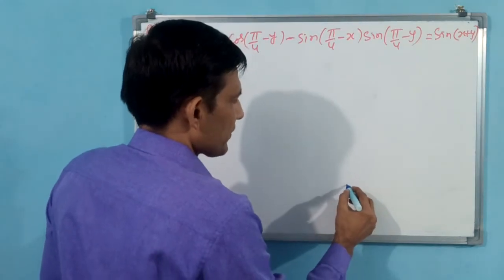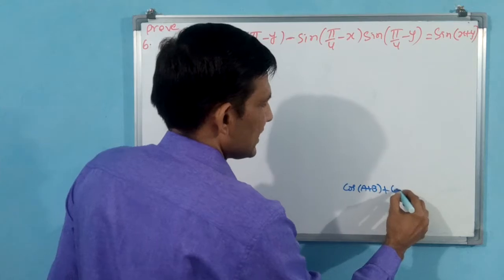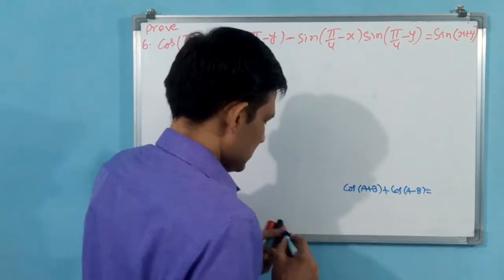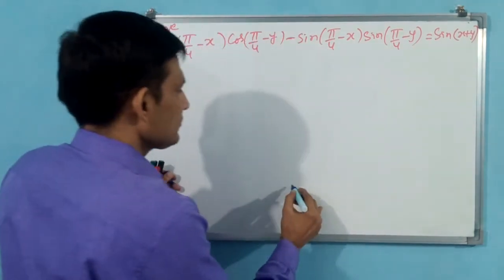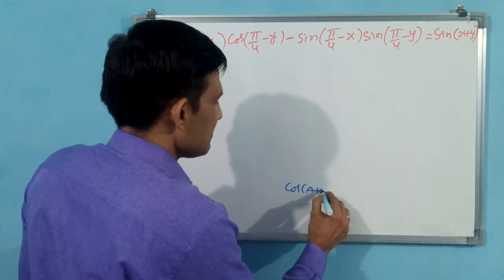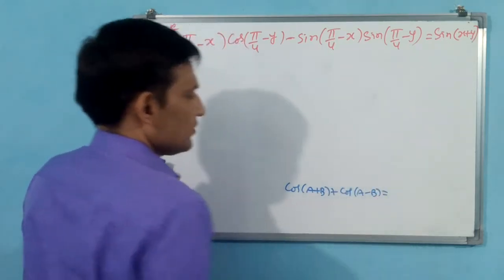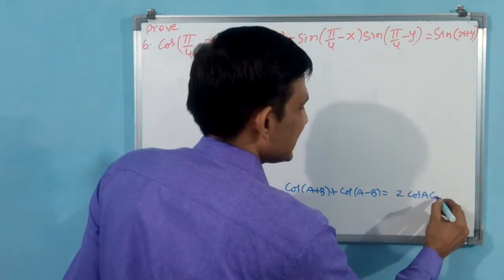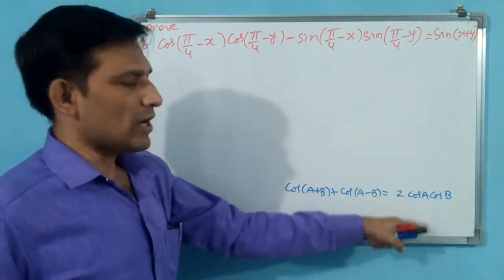You see how. Cos of a plus b plus cos of a minus b is equal to 2 cos a cos b.